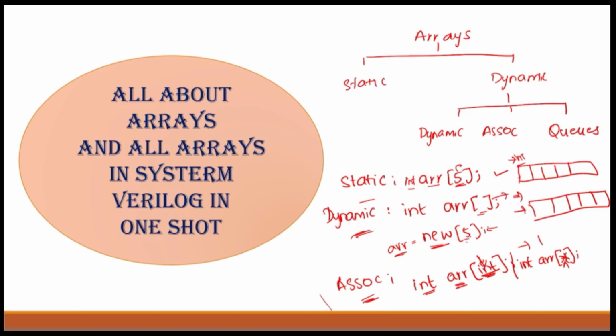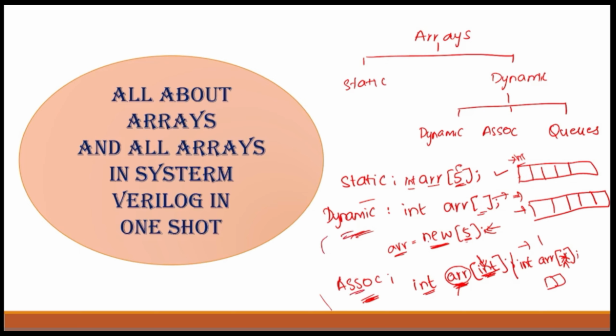But during the simulation time, when you are calling this new method, the memory will be allocated. But in case of associative array, only when you are using this array will the memory be created. Until and unless you are calling this array, the memory won't be created. Okay, so this is far more advanced compared to dynamic array.